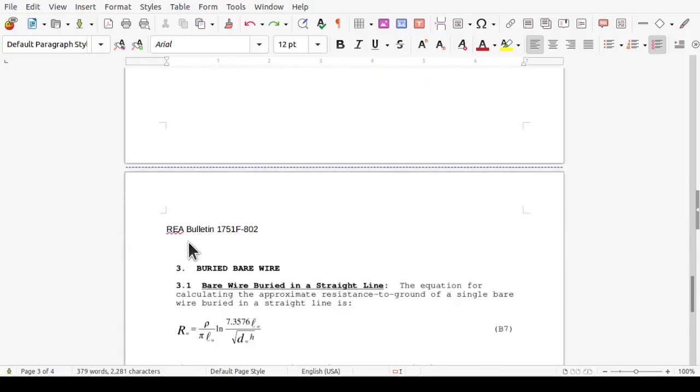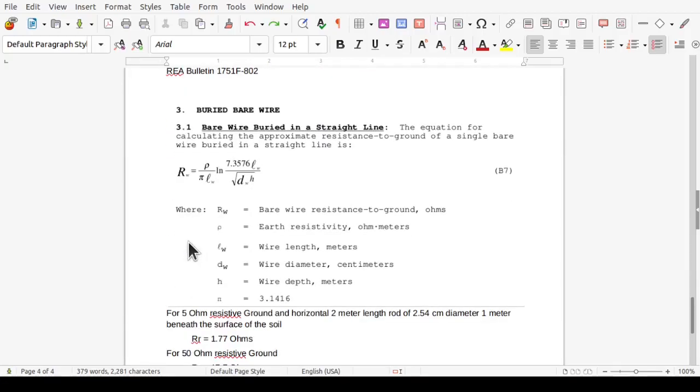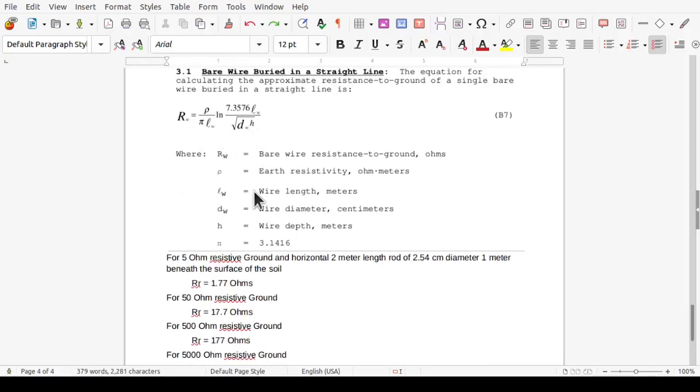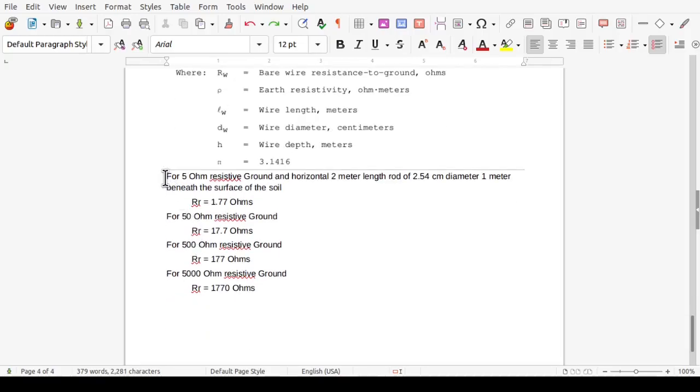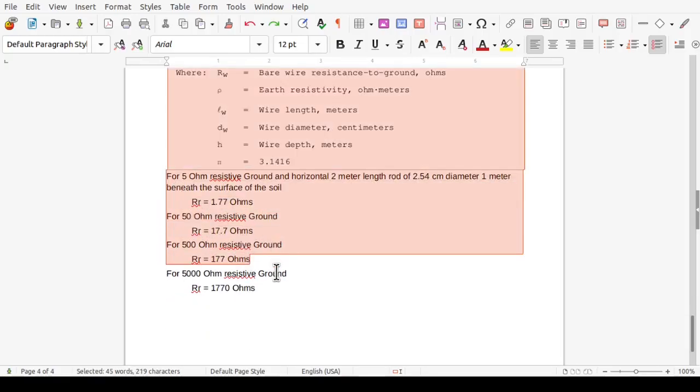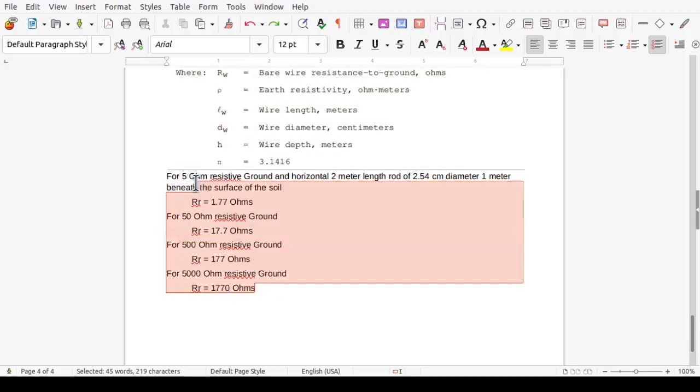So what else do we have to say about that? Here we have buried bare wire. Now I'm not going to use it here. This is yet another formula that yields even other answers. Whoop! That was getting a little wild.